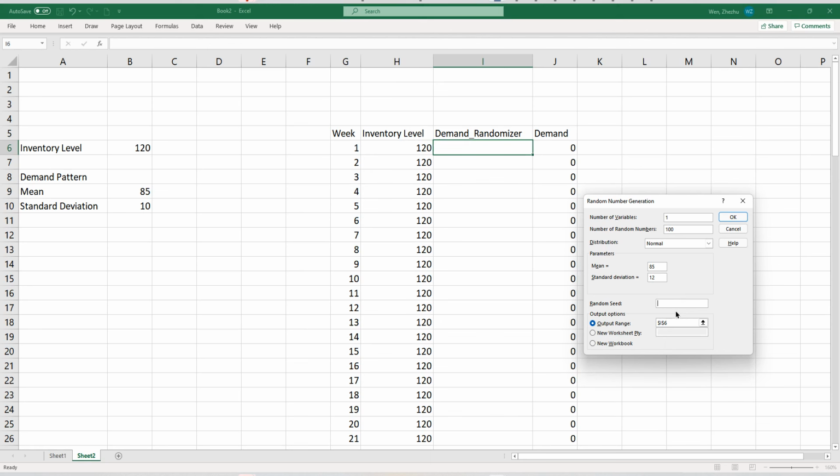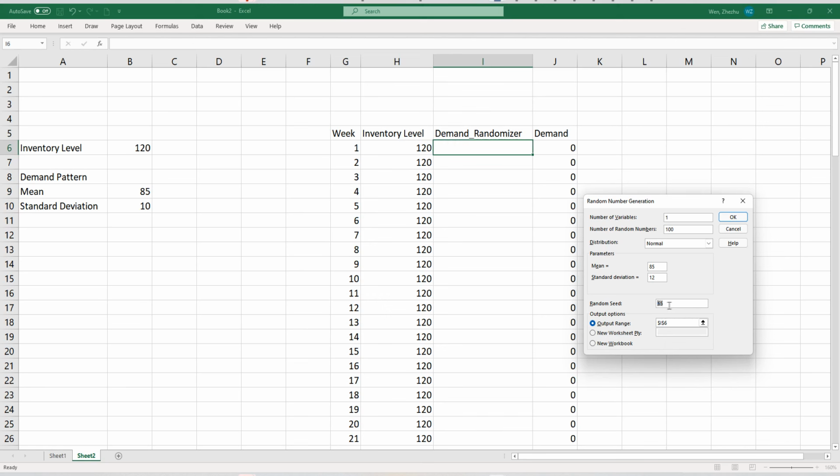For example, I believe in most cases, if everybody who's watching this simulation video, they're using 65 as a seed, all the random numbers you're seeing will be same as mine. That's not guaranteed, but in general, I found that's the case.